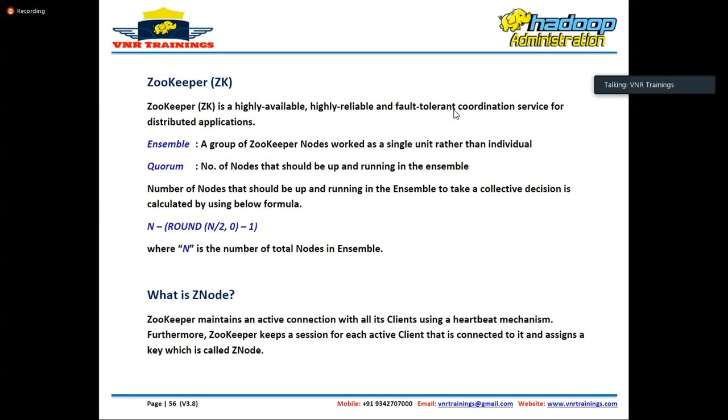So now we need to remember a few technical terms. The first one is ensemble. Ensemble means a group of zookeepers that act like a single unit.